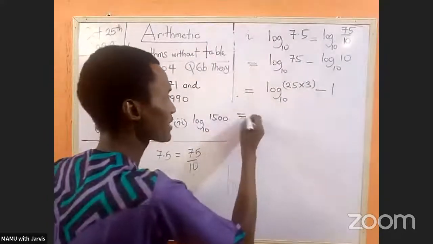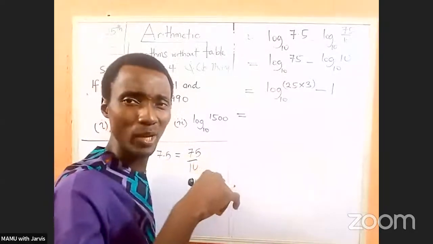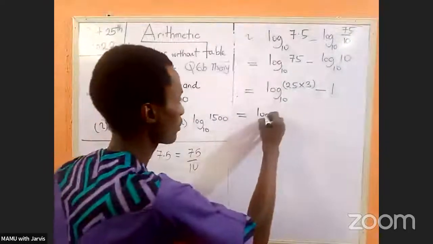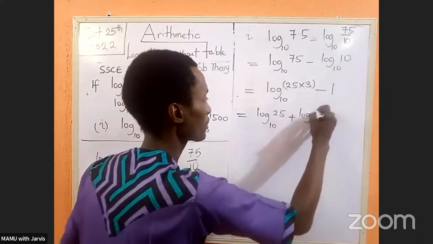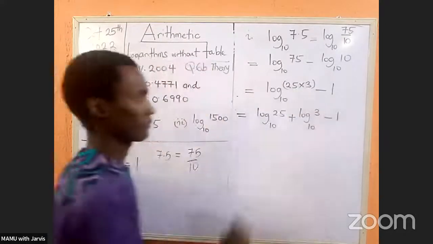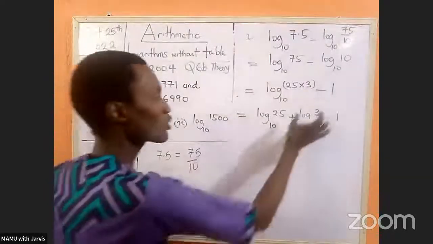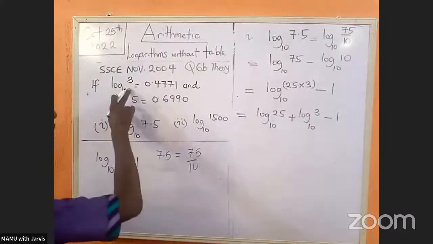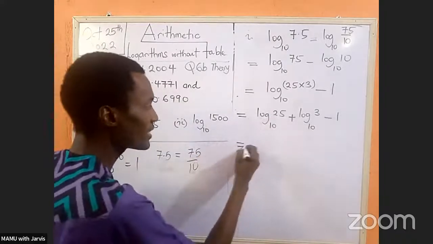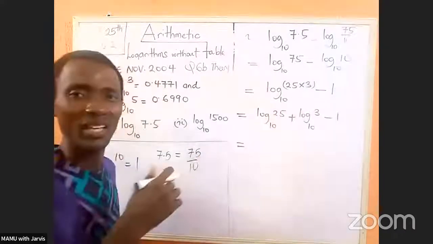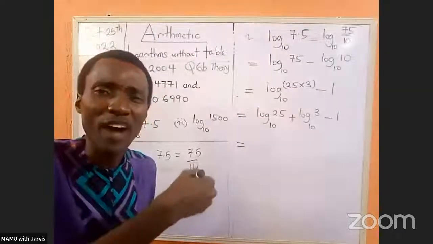Now, having done that, when I multiply numbers, what am I doing to their logs? I'm actually adding them. So this will be log 25 base 10 plus log 3 base 10 minus 1. Now, this one will not be an issue for me again because I already have a definite value for it. So my challenge now will be this one. Now look at this. The prime factor of 25 is 5. How many times will I multiply 5 to get 25?